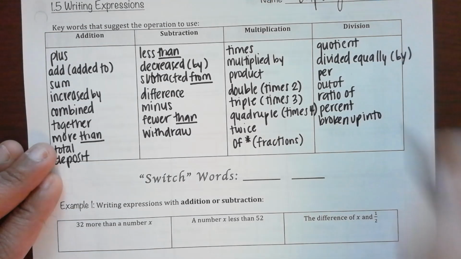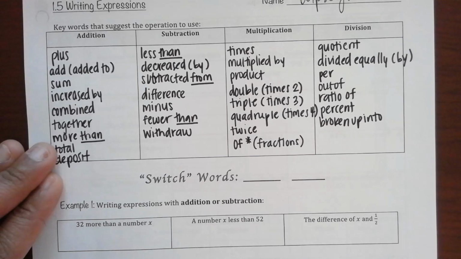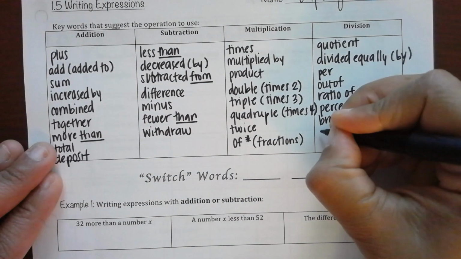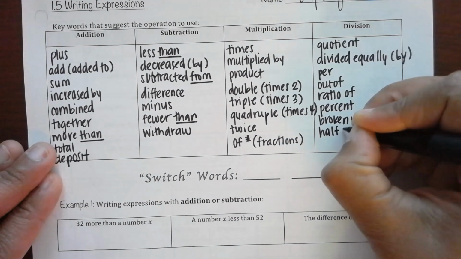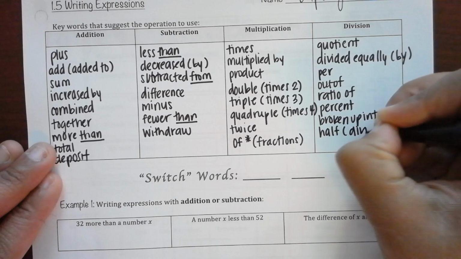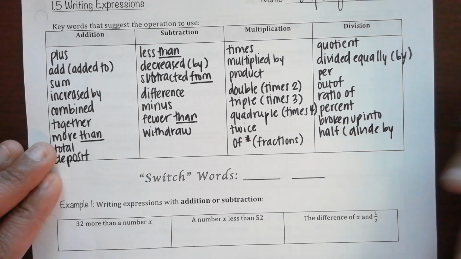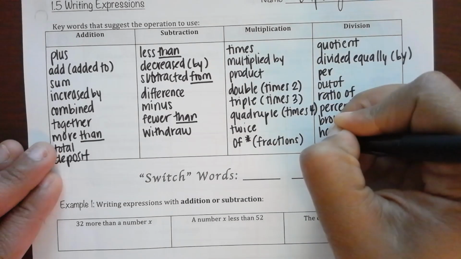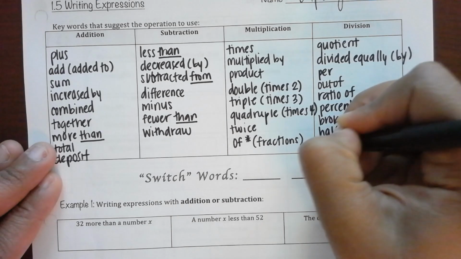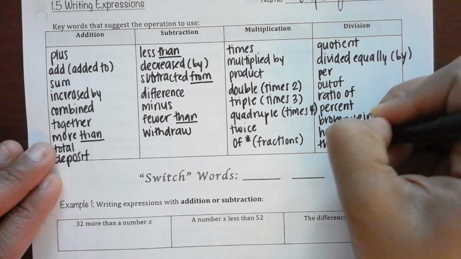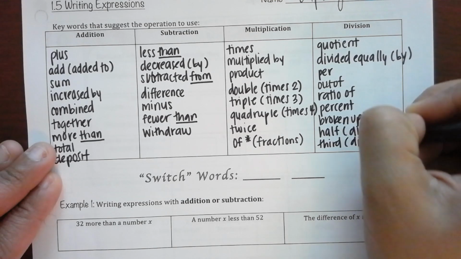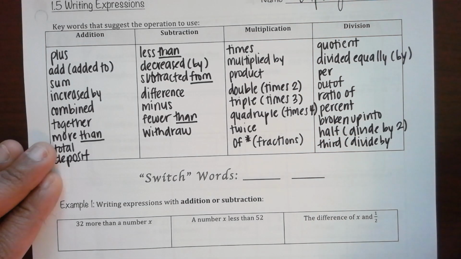That's the same thing as saying divided equally. We have the word half, which means I'm dividing by what? Half, you're dividing by 2. What about a third? I'm dividing by 3.